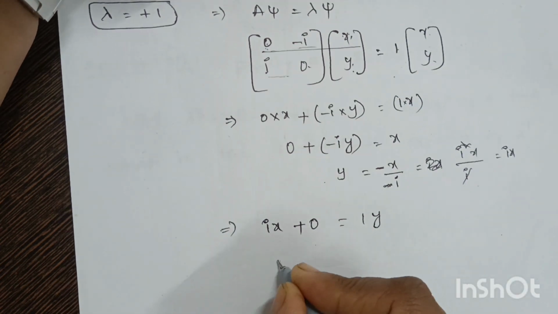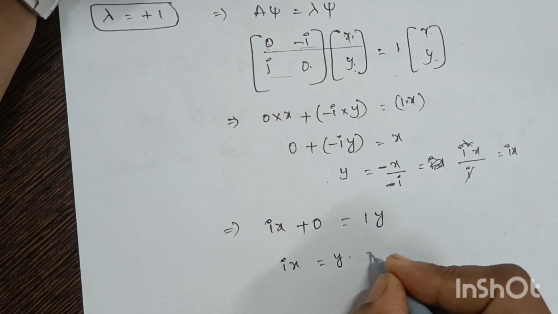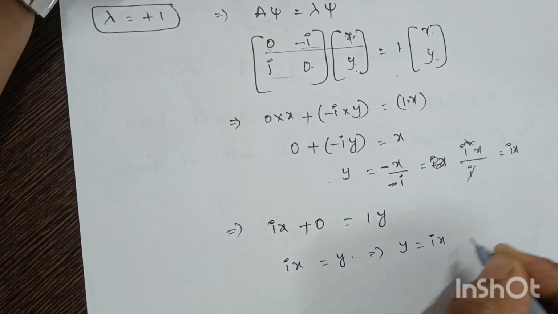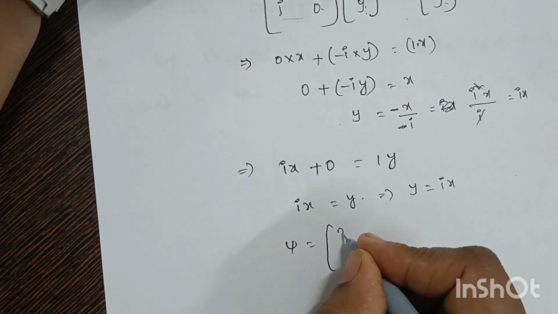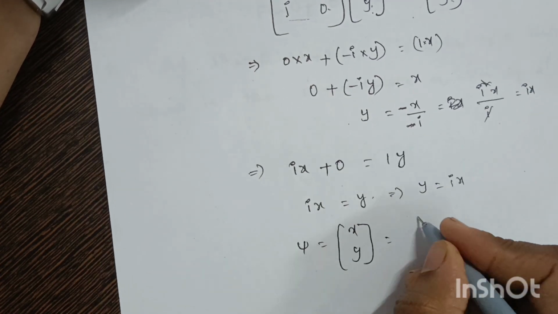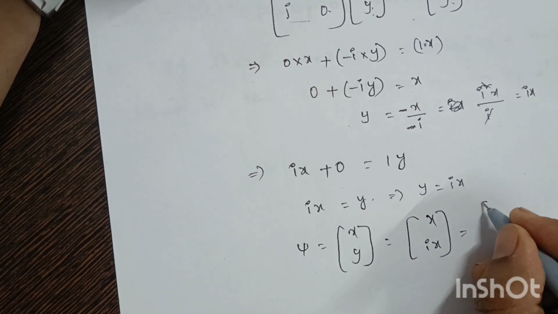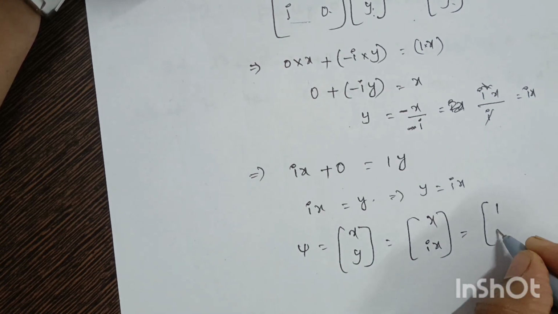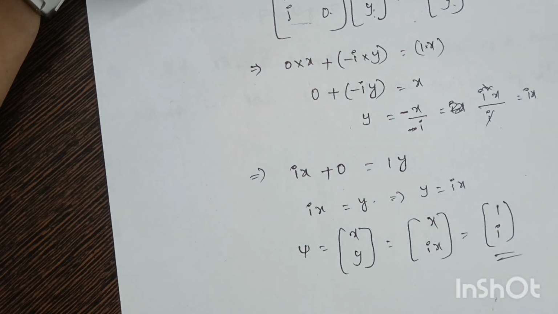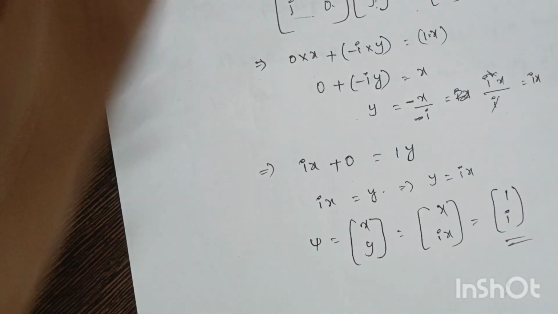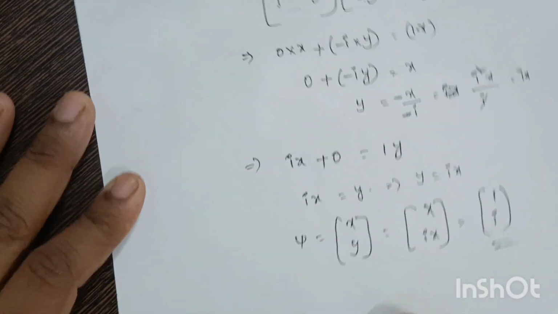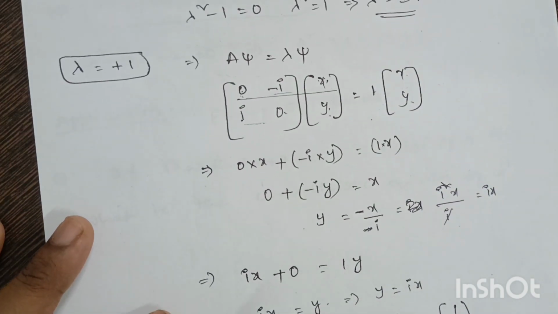So same, ix is equal to y. Now psi is equal to what? X comma y. In the place of y I write x comma ix. If you remove x, in the place of x I am writing 1, so 1 comma I. This is one eigenvector.